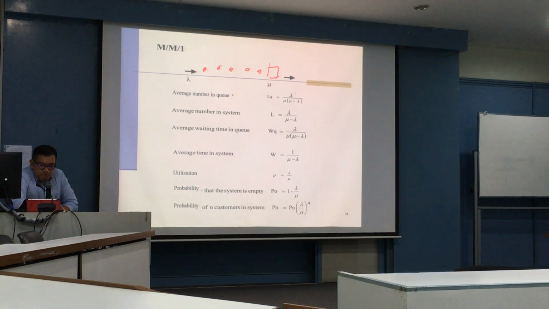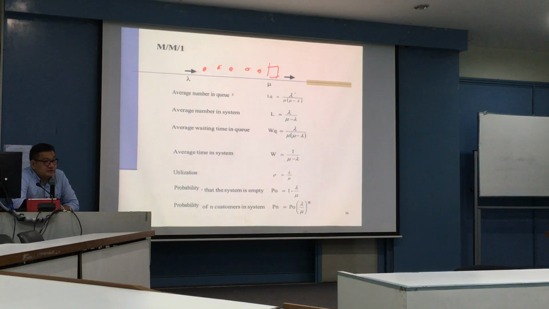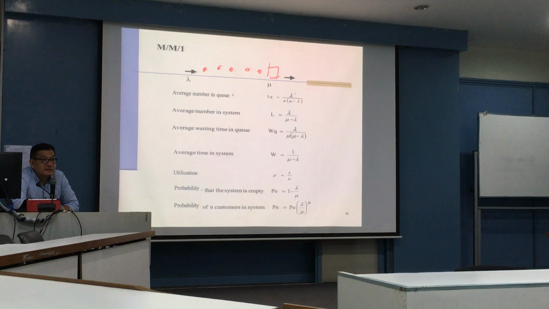Once again, each formula shows you a performance measure of the M/M/1. And you can see that each formula requires just two variables, lambda and mu. So that's why I'm saying to you that if you cannot find lambda or mu, just skip the queuing question.